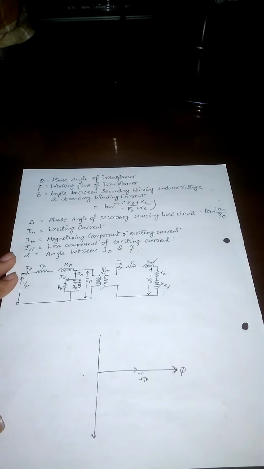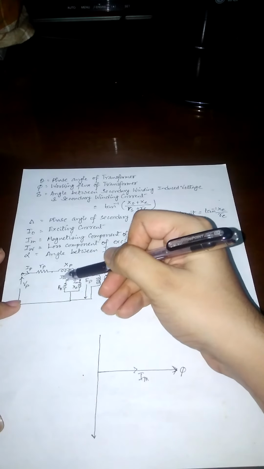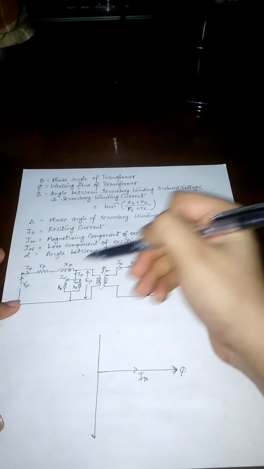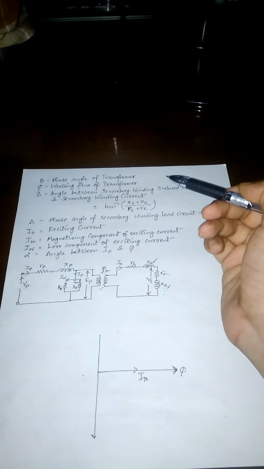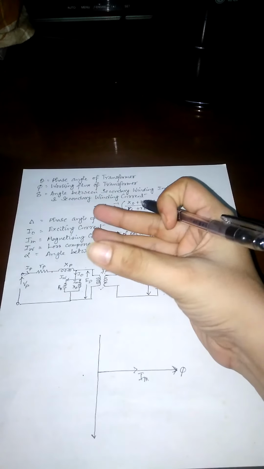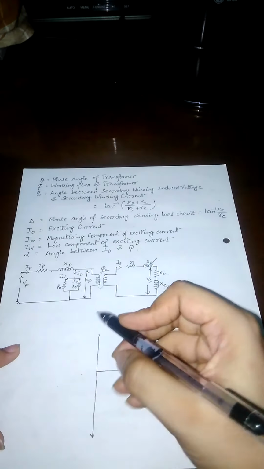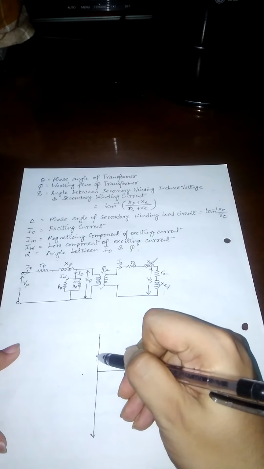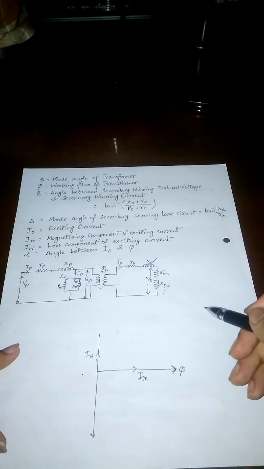Now IW, that is the loss component, is always in phase with the supply voltage, in phase with the induced voltage in the primary winding, that is EP. So this is the IW component.